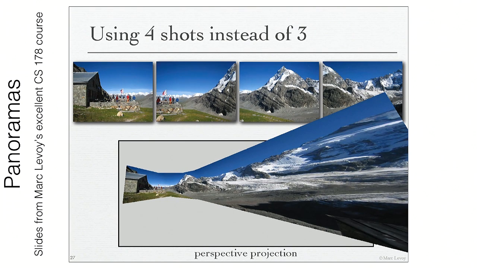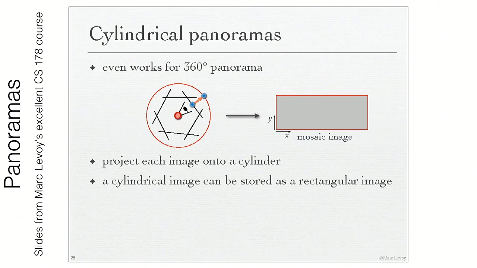So you can still end up doing this, but you can't necessarily project onto a single plane anymore. And the answer is to actually project onto a cylinder instead. By projecting each of the images onto a cylinder, we can then unroll the cylinder and we essentially have a rectangle or an image. So that's a good way of encoding this information while still preserving a lot of the structure.